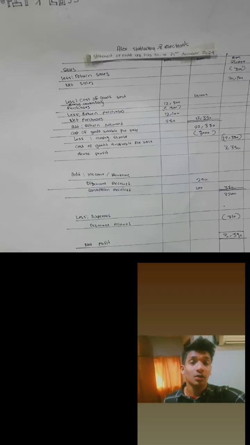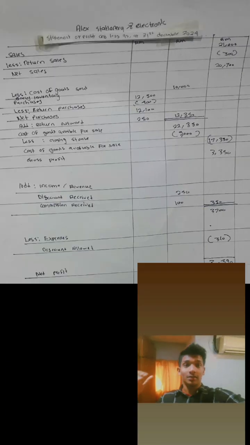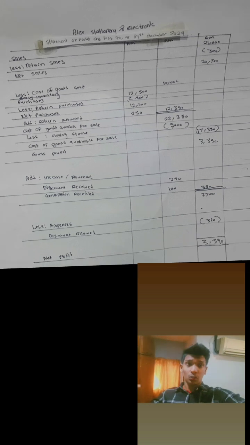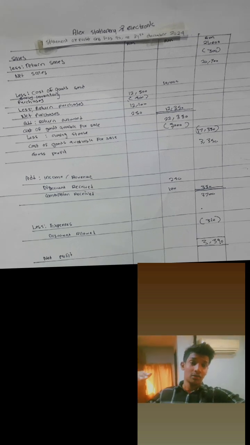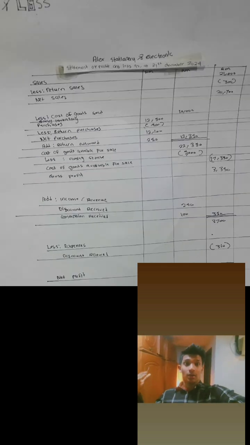For the statement of profit and loss, first we need the name of the business, and then the title, statement of profit and loss. We start with sales minus sales returns, and we get net sales.